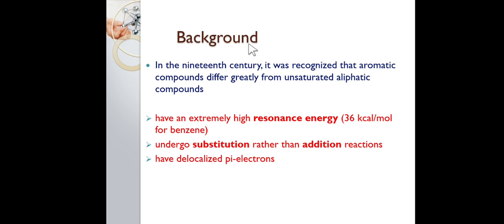This is due to their extremely high resonance energy, and it is also observed that they undergo substitution reactions rather than addition reactions, and have delocalized pi electrons. So friends, these three observations make aromatic compounds very distinct from simple unsaturated compounds.